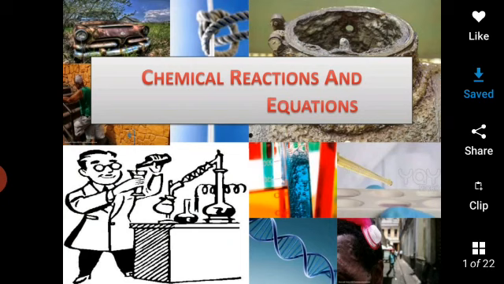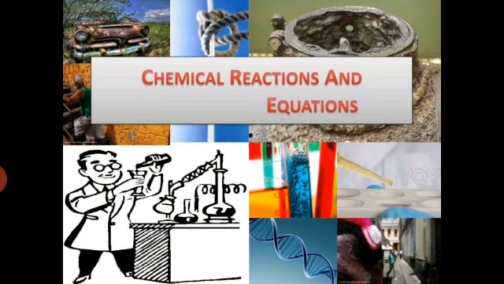Physical change is one in which only the physical properties of a substance change, like its state, its shape, its size. Whereas in a chemical change, a new substance is formed with a new composition and new properties. For example, you have a piece of paper.